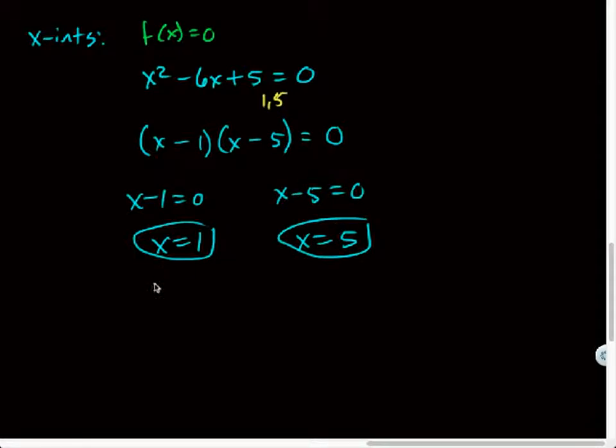Graphically speaking, this is the point (1, 0) and (5, 0). Sometimes students try to mash those two together and say it's the point (1, 5), which funny enough will never be on your parabola. So don't do that. Classic.